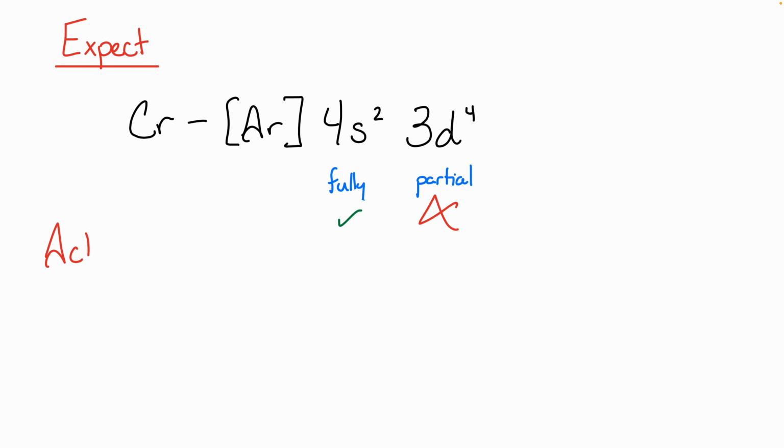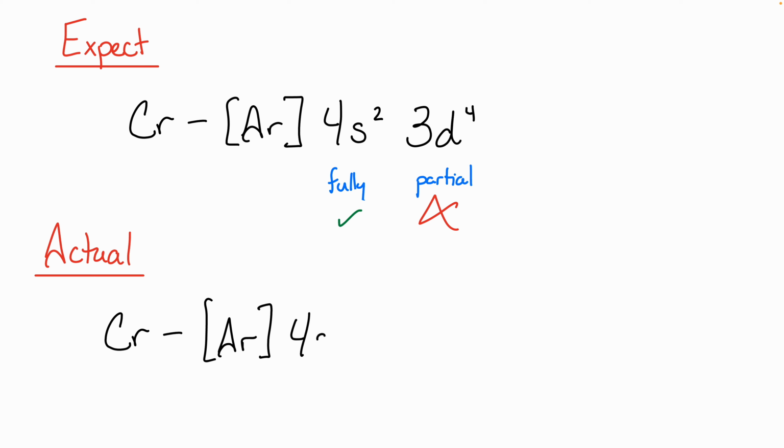Since these s and d electrons are so close in energy, chromium's going to be like, all right, I've got a plan. I'm going to move one of those electrons from that 4s orbital, so now there's only one electron in the 4s orbital, into that 3d orbital. So now I have 5 in that 3d. Why would it want to do that?